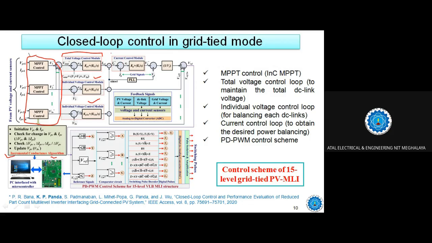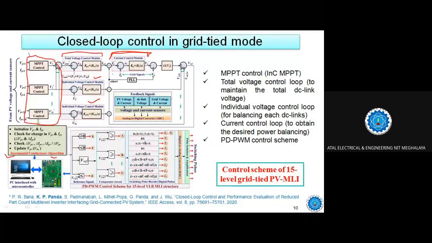In this kind of system, another thing we have taken here is the current controller module. Why is this current controller module taken? Because that is again maintaining the power balance, you can say. So we are maintaining the power balance here by integrating a current controller module after the voltage control module, right?